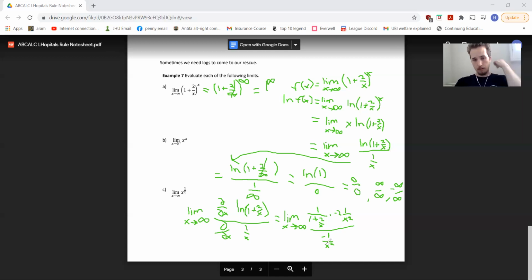Either way works. But in any case, the x squareds cancel out. The negatives cancel out. We're just left with a positive 1 below. We get the limit as x goes to infinity.